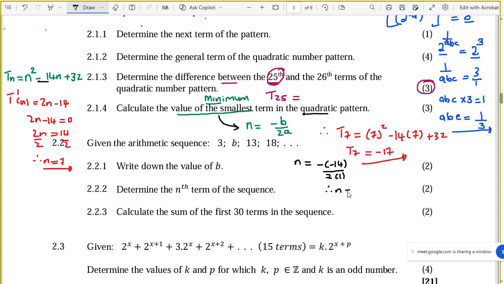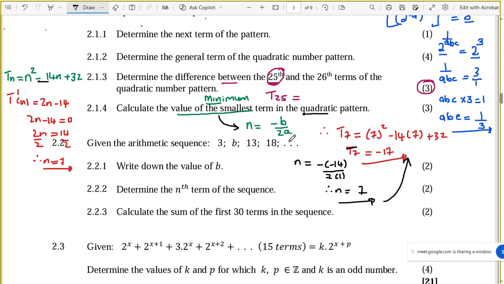Therefore, n is 7. Then you go to your quadratic formula, substitute 7, and you'll find that T7 is minus 17. Is everybody happy about that? You guys understand? Are you all happy?